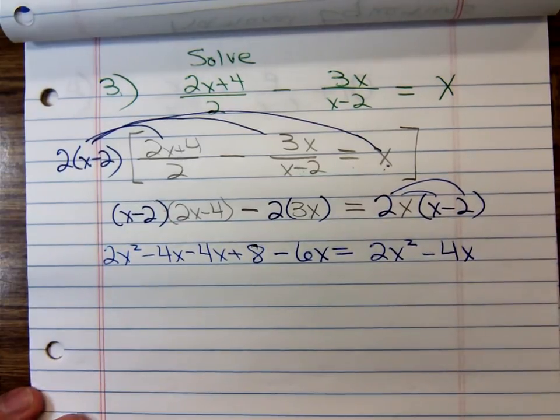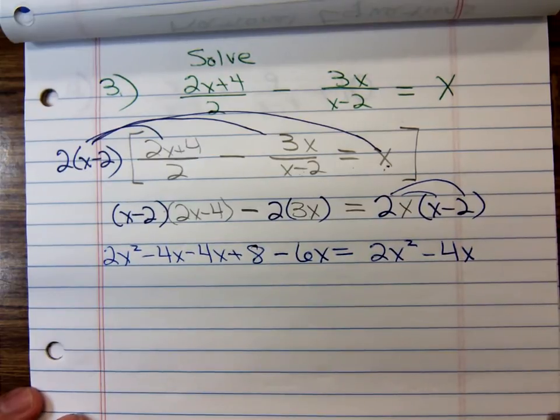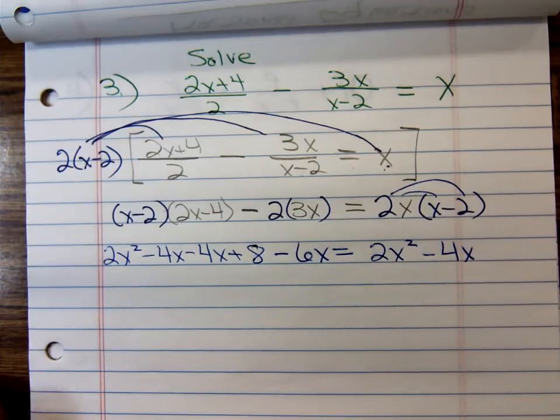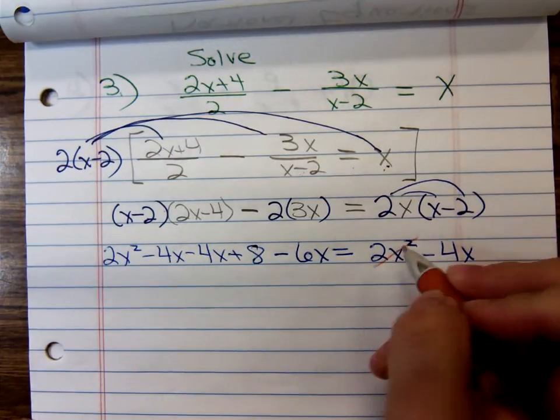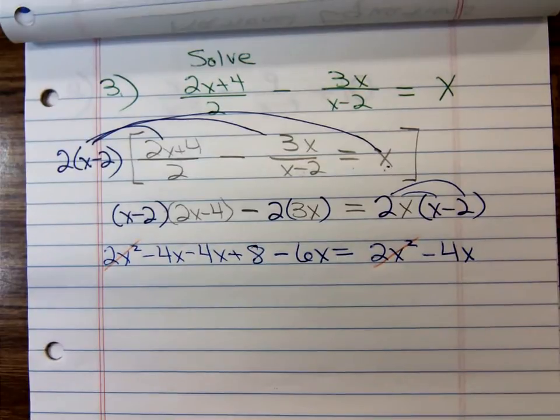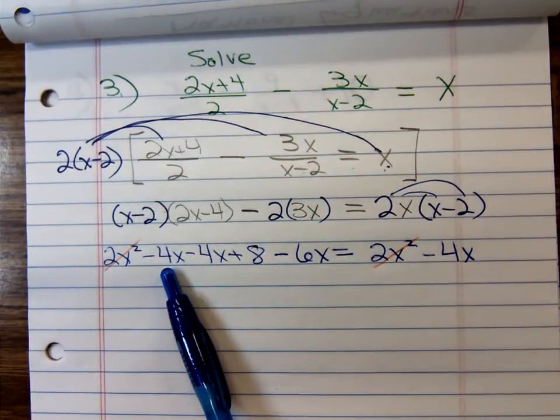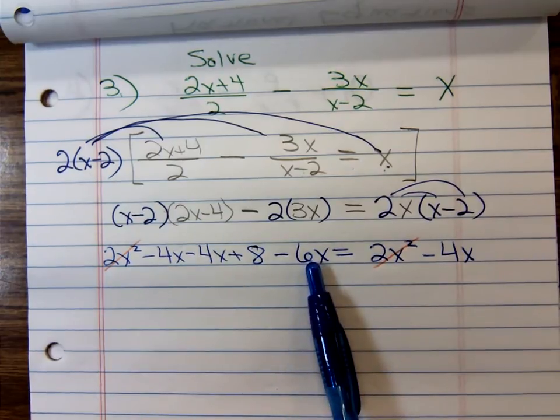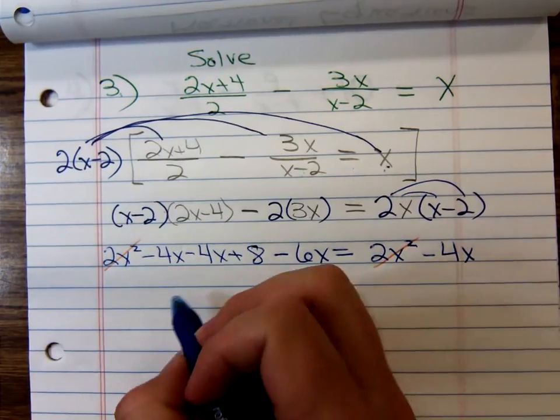Oh, this is nice. I see something very nice that's happening. If we tried to combine our x squared terms, let's move this 2x squared over to the left side. What's going to happen? 2x squared minus 2x squared. We have no x squared terms remaining. That's nice. Negative 4x minus 4x, that's a negative 8x. Minus 6x, that's a negative 14x.